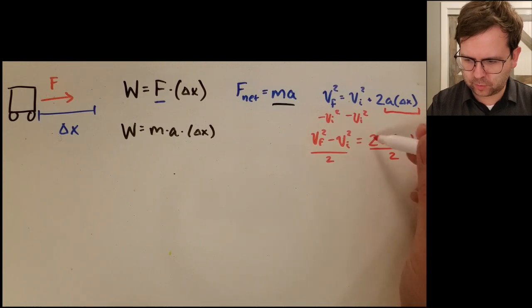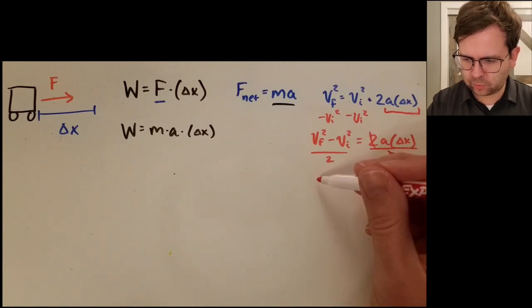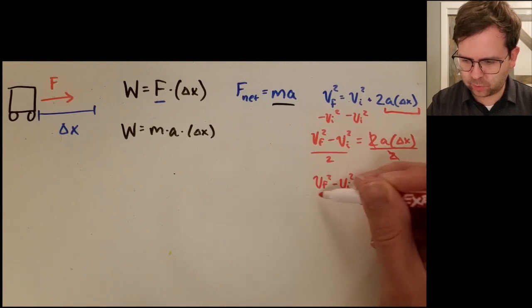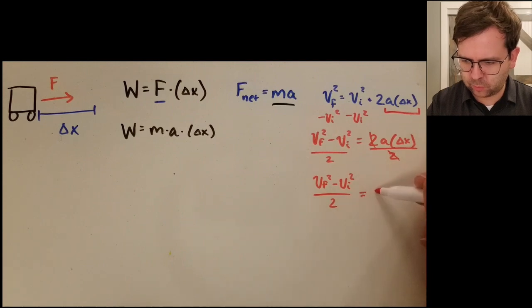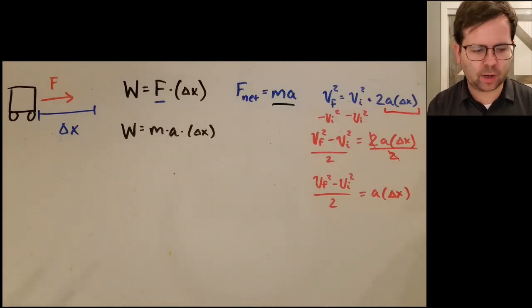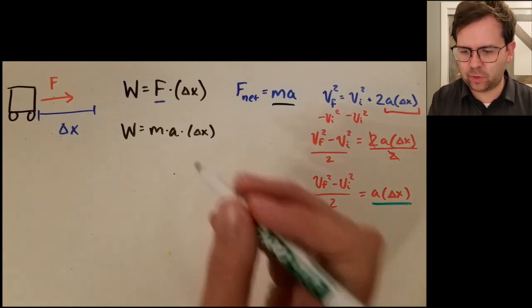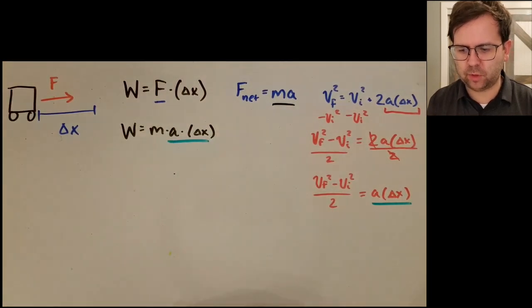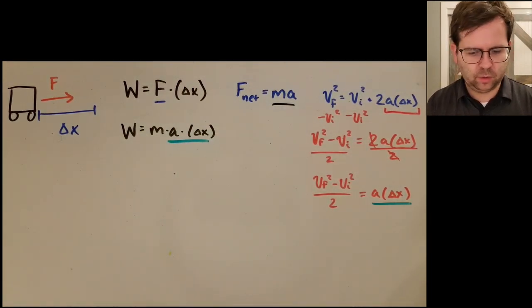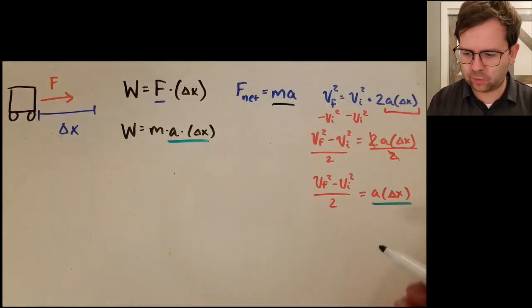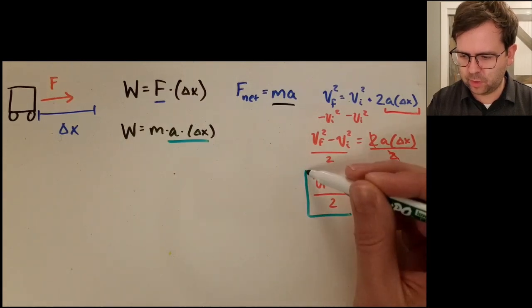That allows me to rewrite this as the final velocity squared minus the initial velocity squared, over 2, is equal to acceleration times delta x. That might seem odd, but if you look, I have acceleration times delta x here, and acceleration times delta x over here. That allows me to substitute out acceleration delta x, and I'm going to substitute in this part.